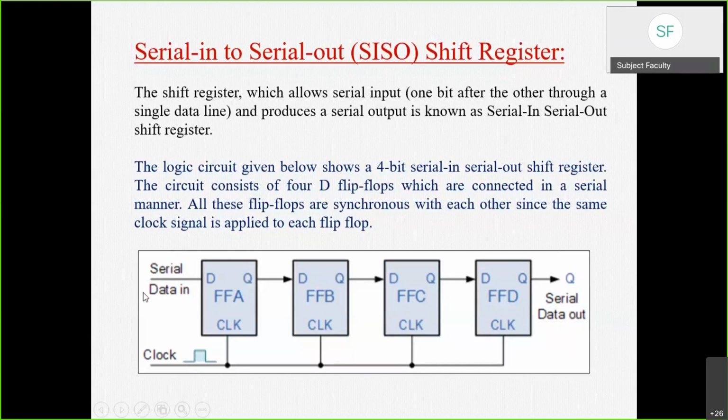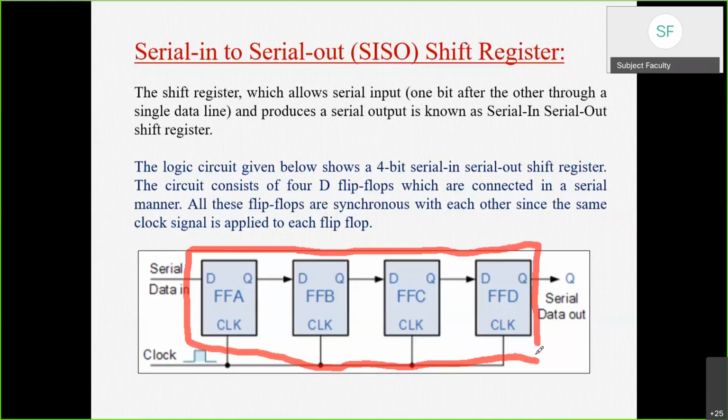You can observe this is the data input pin, and this one is the data output pin. Actually this complete circuit will be in one block, and these are internally connected, so it will not be visible to you. What will be visible to you? Only one input, that is serial data in, and one output, that is serial data out. Of course clock will be there as well.